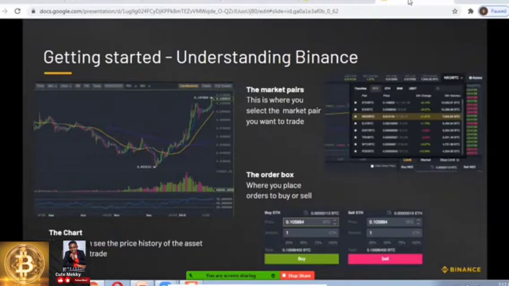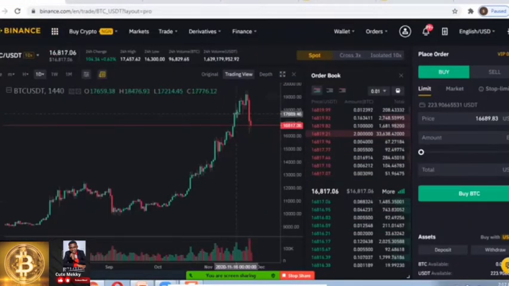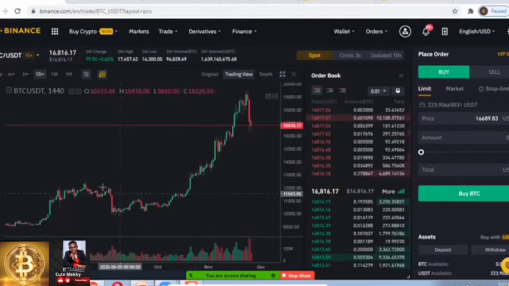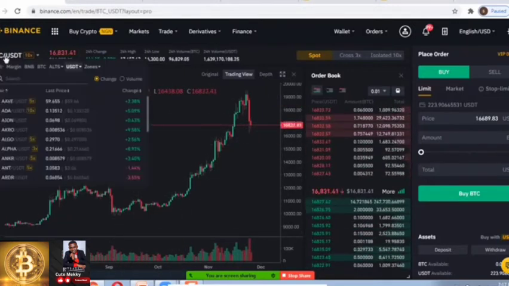Now the next thing we're looking at is our market pairs. Where can you find your market pair when you come to this platform? You go to this very area, you see BTC, USDT. Now USDT is a stable coin, just like the US dollar, okay? So it's equivalent to the US dollar, and they are all stable coins.